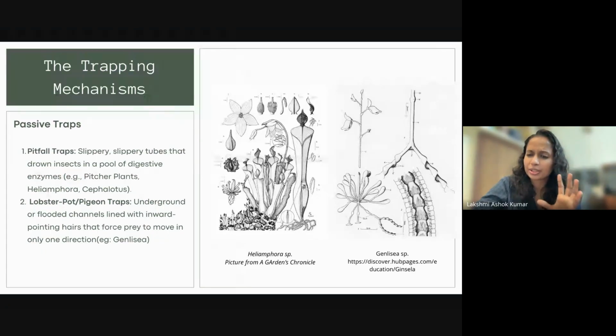Early morning, when you check these pitchers, there will be a lot of insects flying around the lid and the mouth part, the peristome. There they explore all the nectar they can find. It is very sweet, believe me. Sometimes it crystallizes and looks just like sugar.